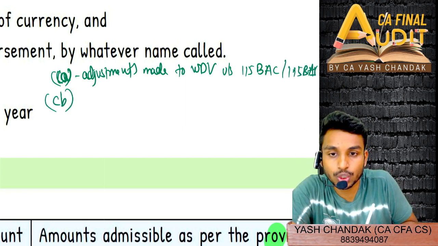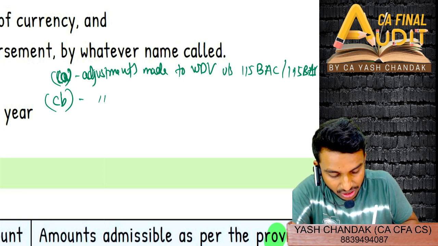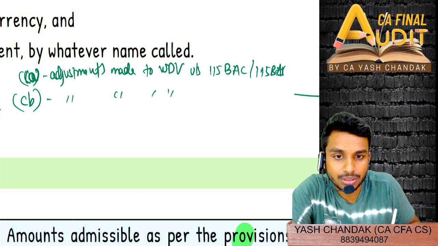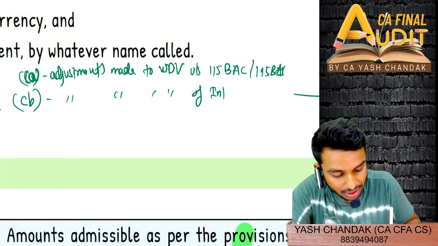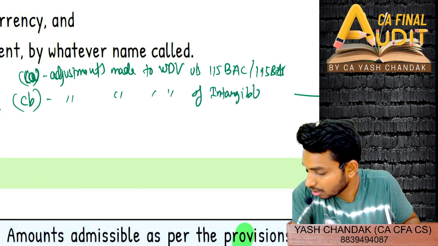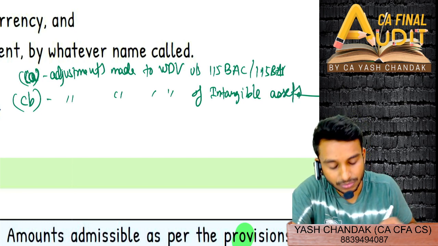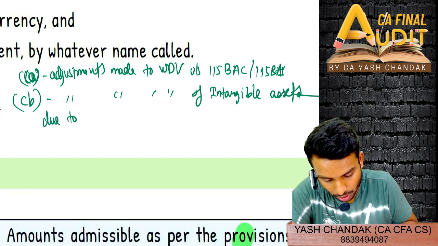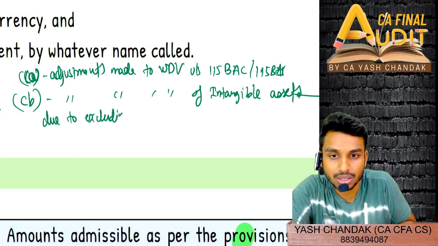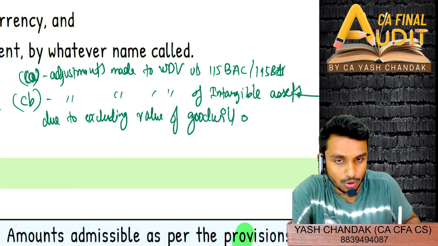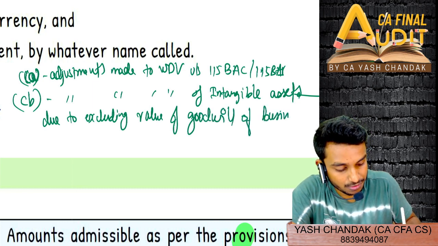And one is with respect to adjustments made to WDV of intangible assets due to excluding value of goodwill of business or profession.